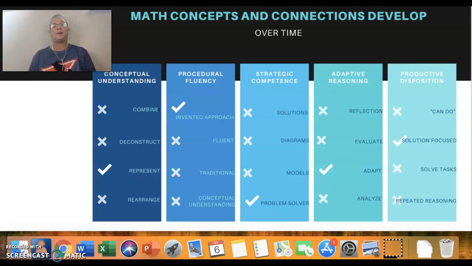And when you get to that point, you've got the reflection, evaluation, adaptation would be the most important, I believe. So you'd be flexible within problems and your analytical skills. So that's going to allow you to receive feedback from yourself, as in your self-reflection, as well as peers.